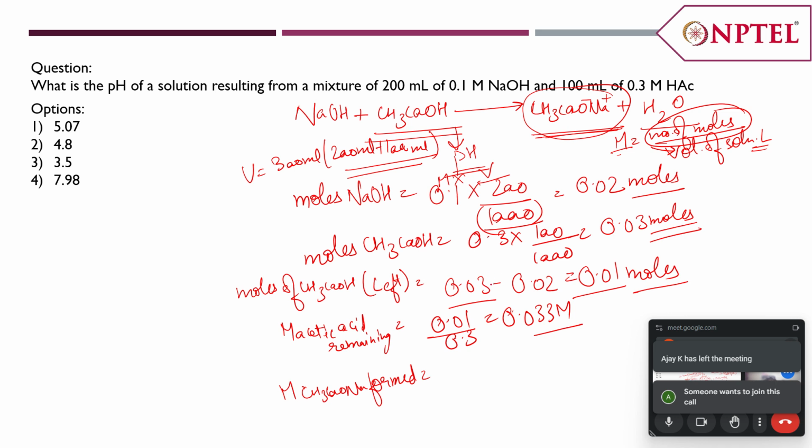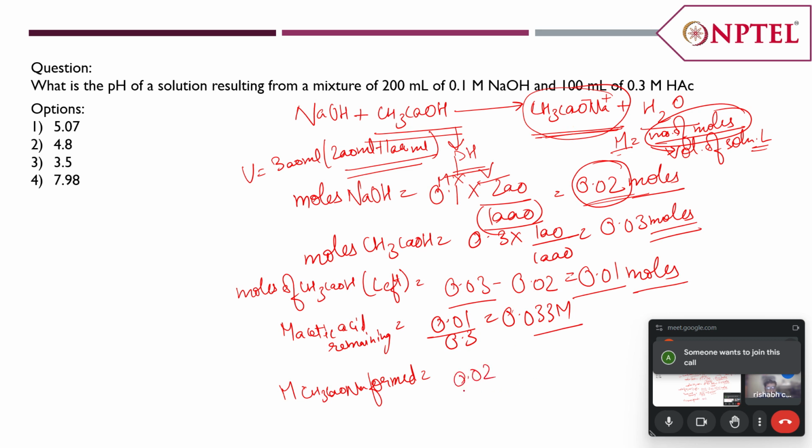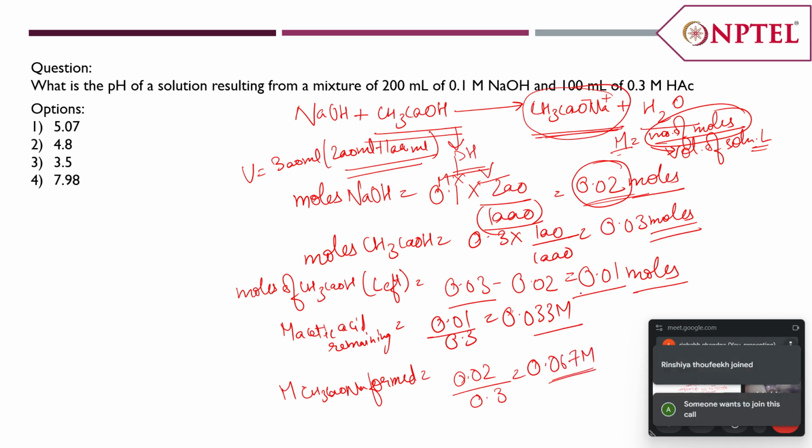We are considering that this many moles of sodium acetate would be formed. So this would be 0.02 and 0.3 would be the volume. So this would be 0.067 molar.